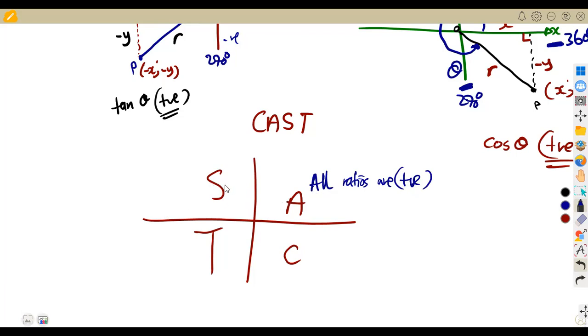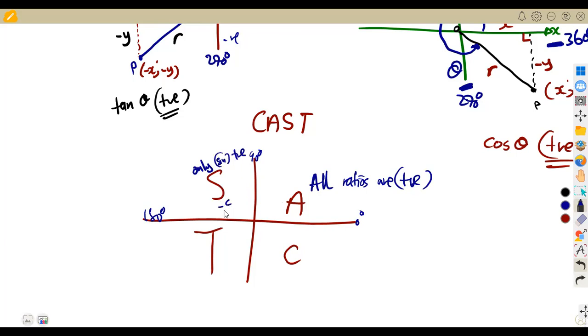But in the second quadrant, from 90 degrees to 180 degrees, it's only sine. This S is for sine. So only sine is positive. What does it mean?